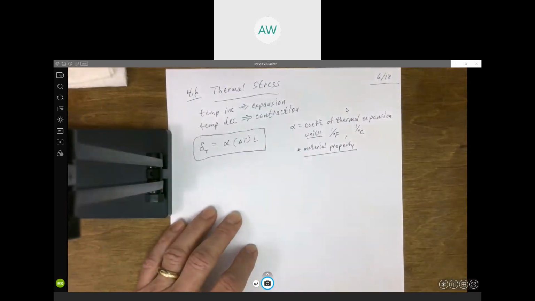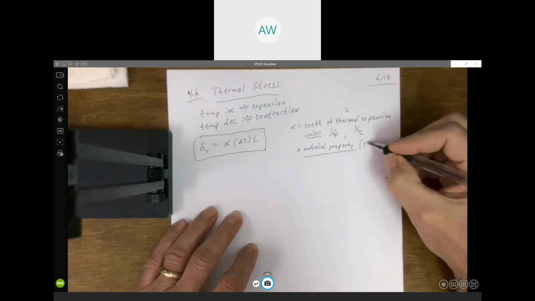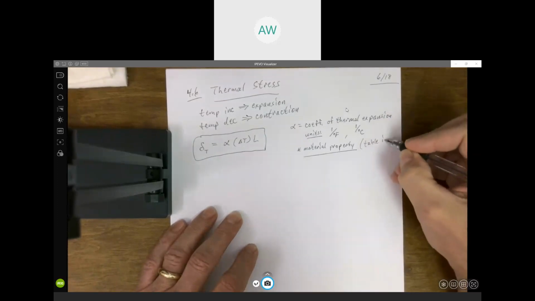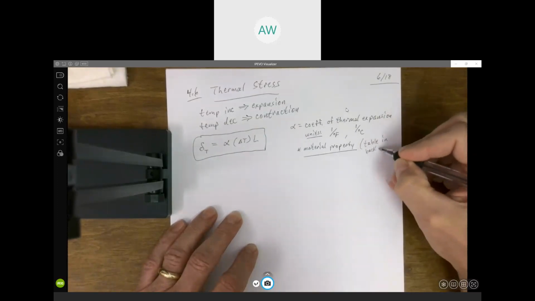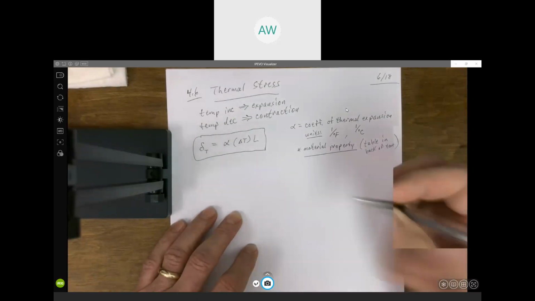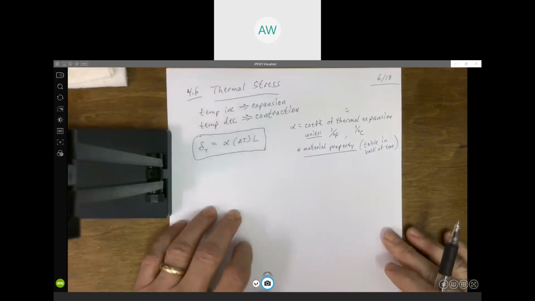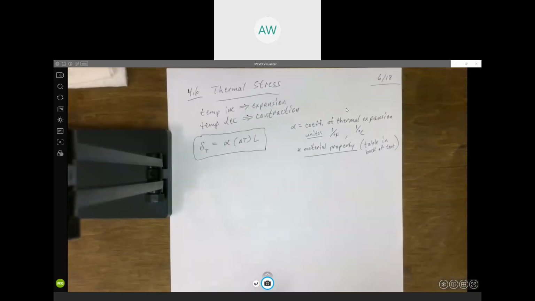I've mentioned to you that table that's in the back of your textbook that has material properties. It's in that table, in the back of your text. One of the columns gives the coefficient of thermal expansion for each of those materials that are listed back there.